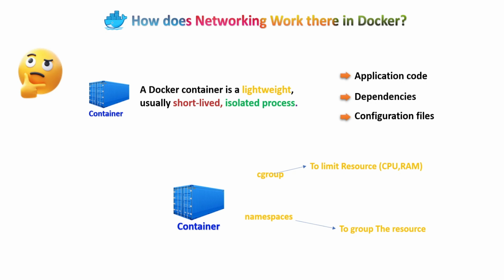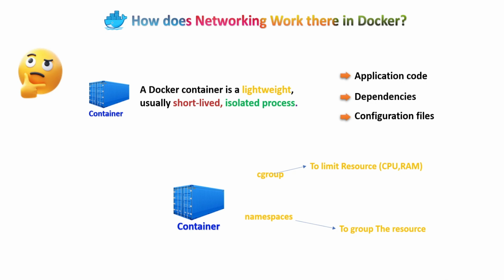How much CPU your container should take, that will be decided by cgroups. How much RAM the container will take from your host, the shared kernel, that is also decided by the cgroup inside the container.